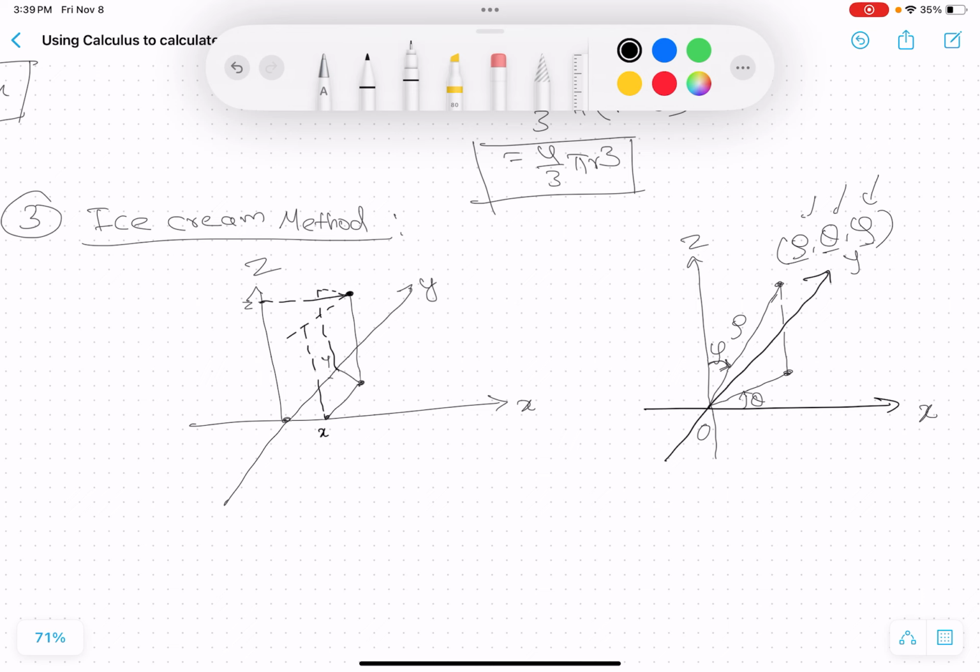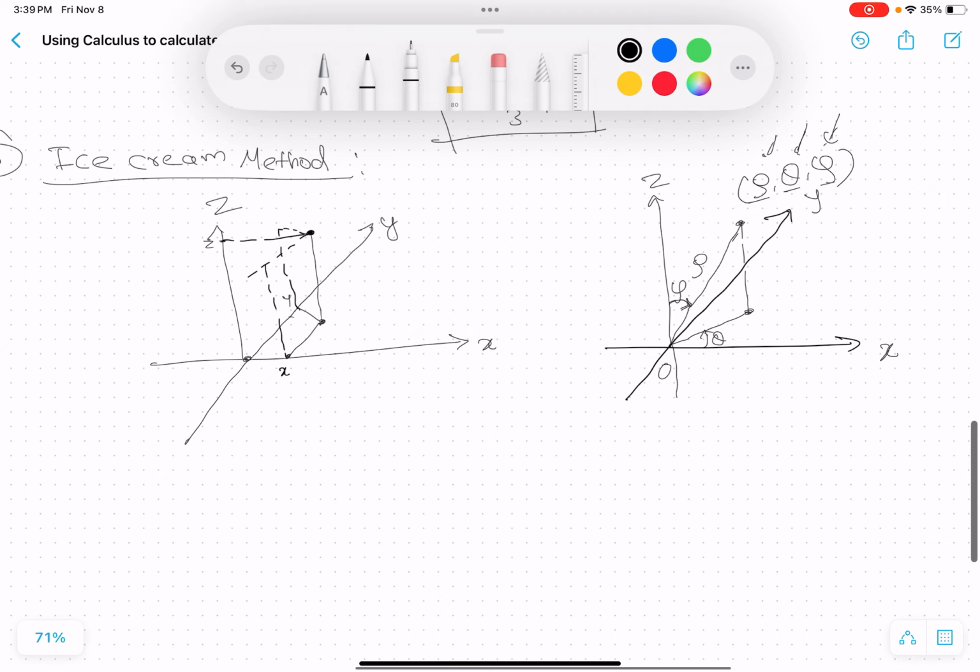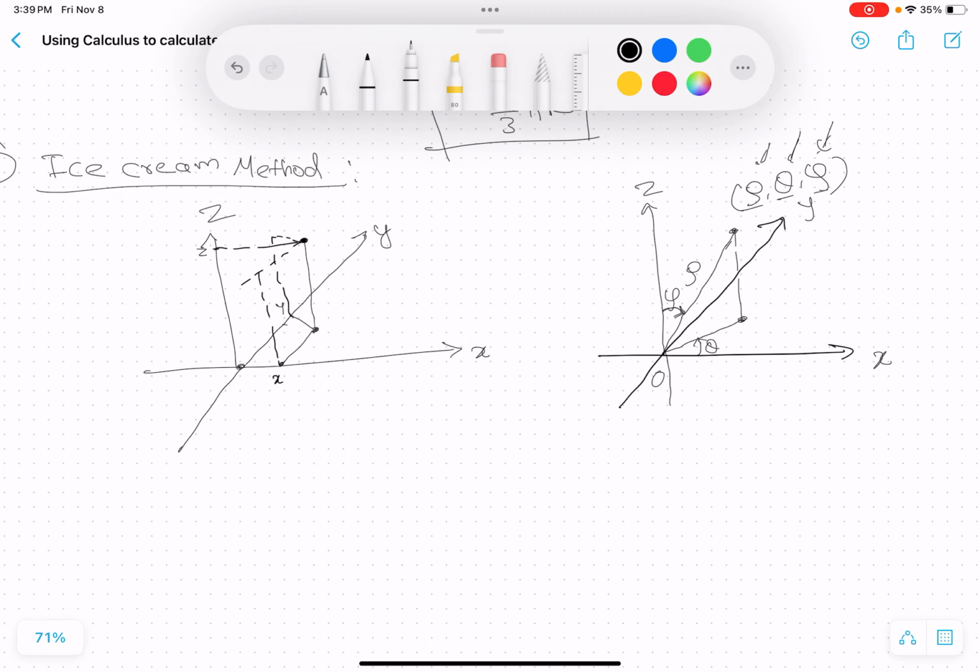Now, this is how a spherical coordinate system works, and if you know these 3 values, we can strictly find all the coordinates, because if you use some trigonometry, you will know that the z coordinate is just rho times cos phi, right? And if this length is r, you see that r is just rho times sine phi.